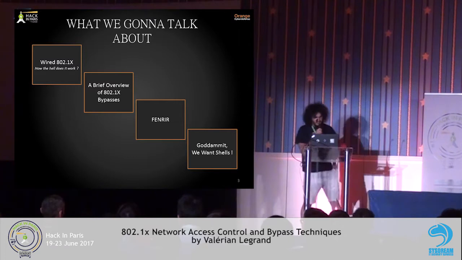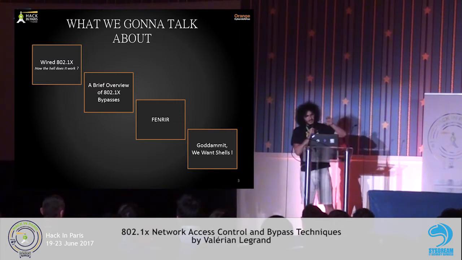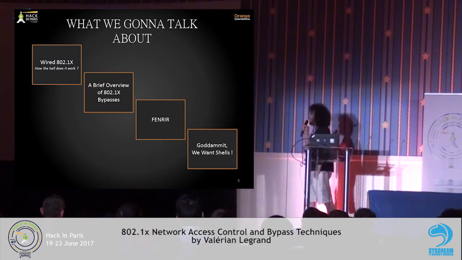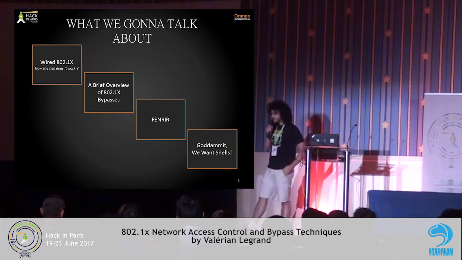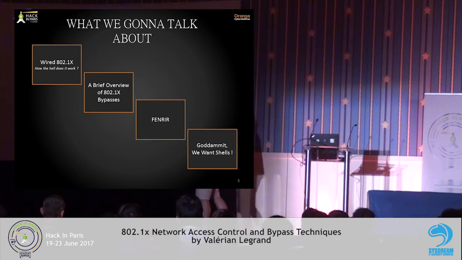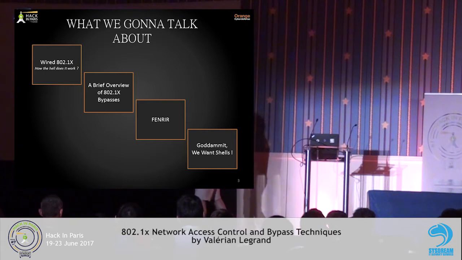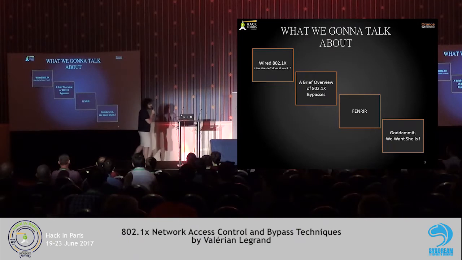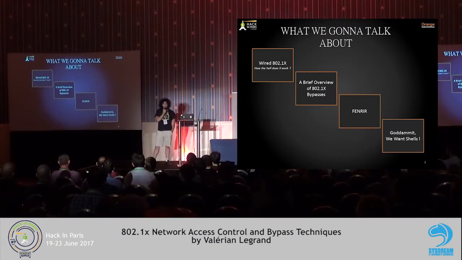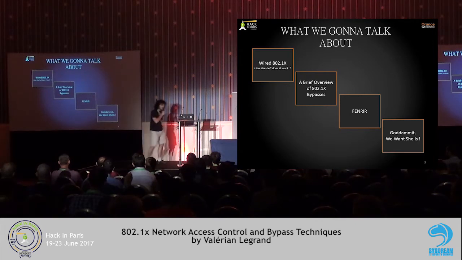Then we will move on to a brief overview of .1x bypasses and what .1x protection does not cover. And finally, we will talk about a tool that was developed during this research, called Fenrir. To be honest with you, I am bad at naming stuff, so excuse me. And we will show some demonstrations, because slides are not fun and videos are better.